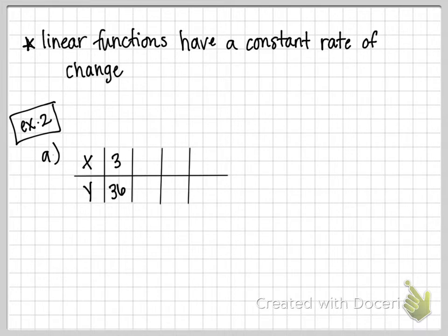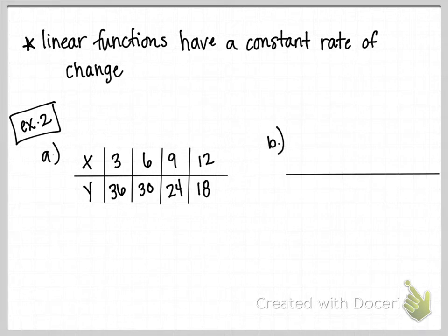All right, here's our first point at 3, 36, and then our second point is 6, 30, 9, 24, and 12, 18. And what they're going to ask is, is this linear or nonlinear? Okay.